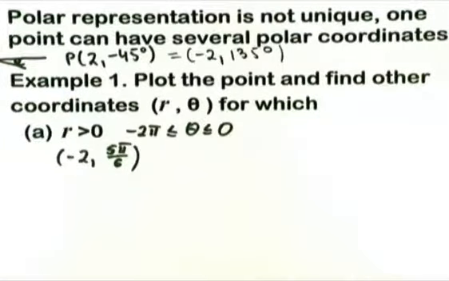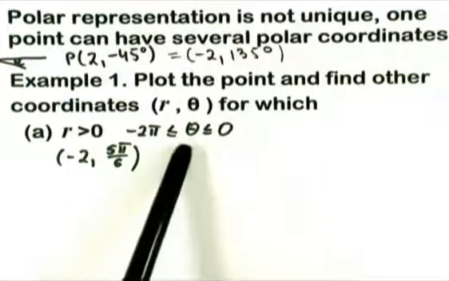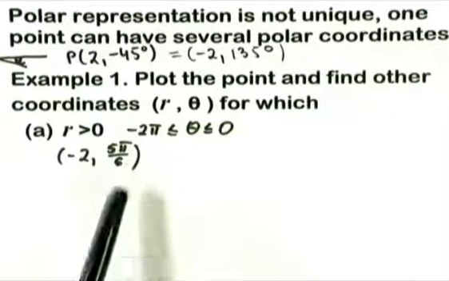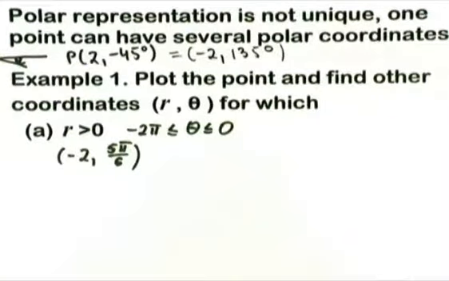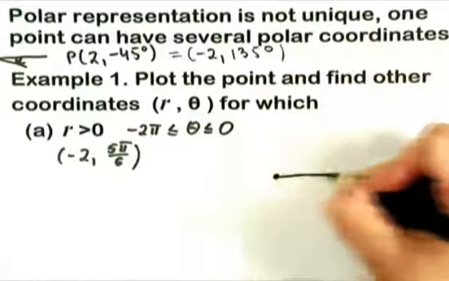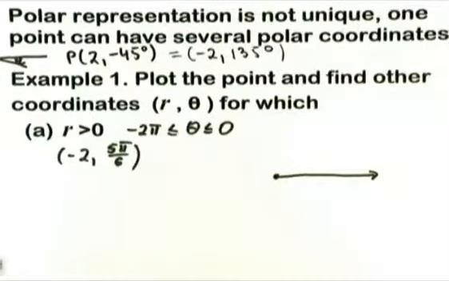And we have example 1: plot the point and find other coordinates, r and theta, for which r is positive but theta is negative, and we would like to plot -2 and 5 pi over 6. So let's try to plot it. We have the polar axis, and we need to plot 5 pi over 6.